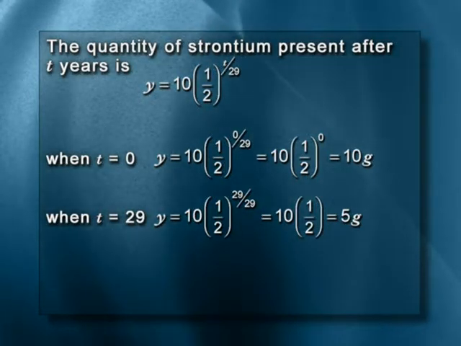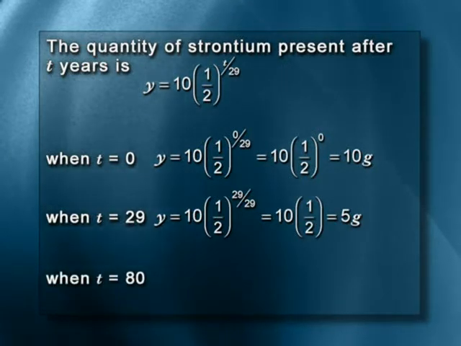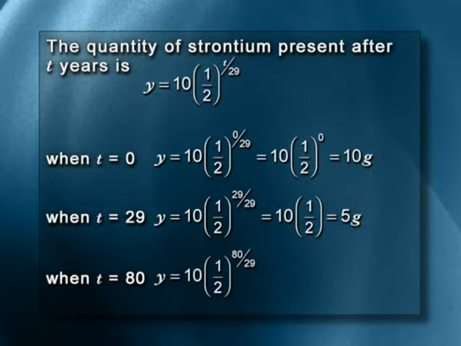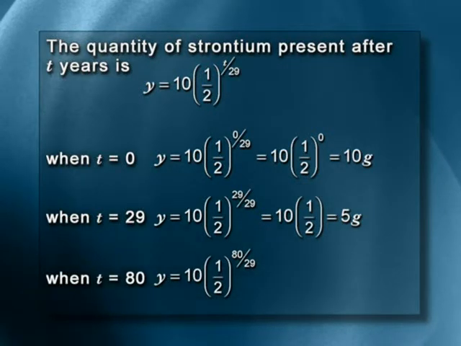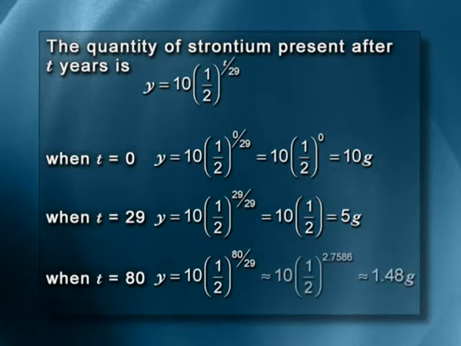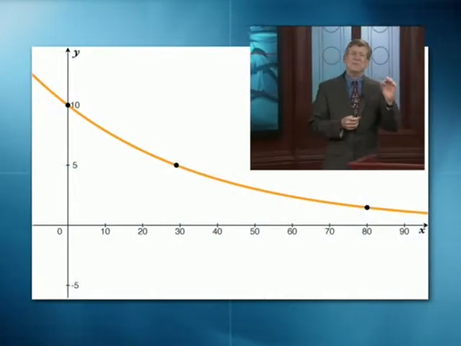You have 5 grams. How much do you have, say, after 80 years? You would just plug 80 into the model. It's 10 times 1/2 to the power 80 over 29. You can't figure that out by hand. You'll have to use a calculator, and you get approximately 1.48 grams. Here's a picture of that model.